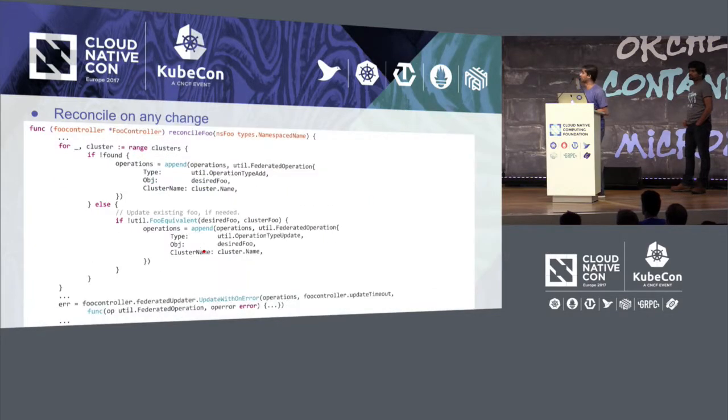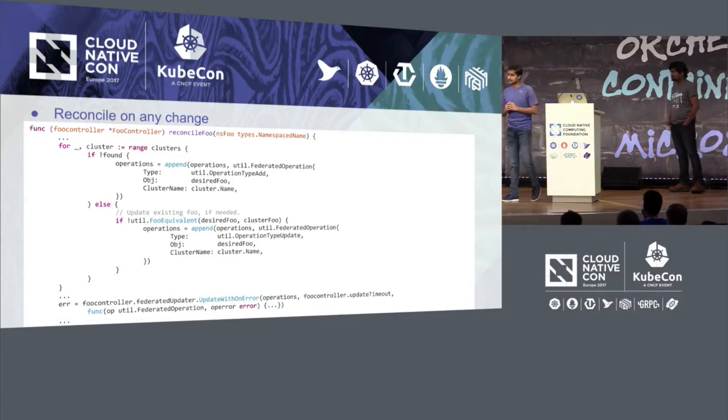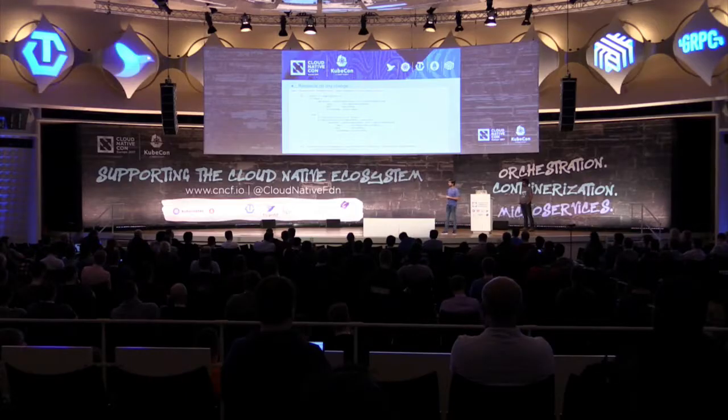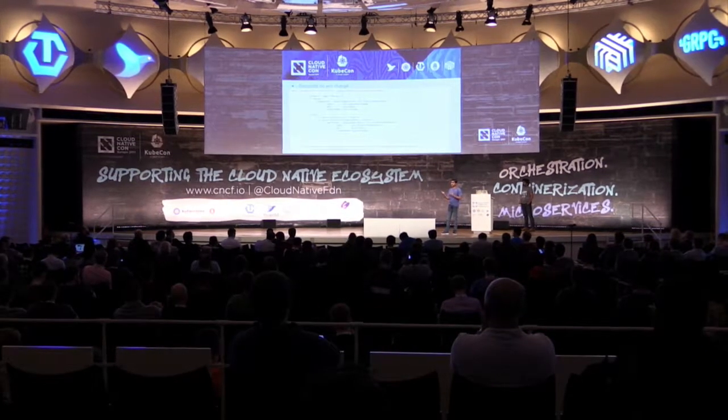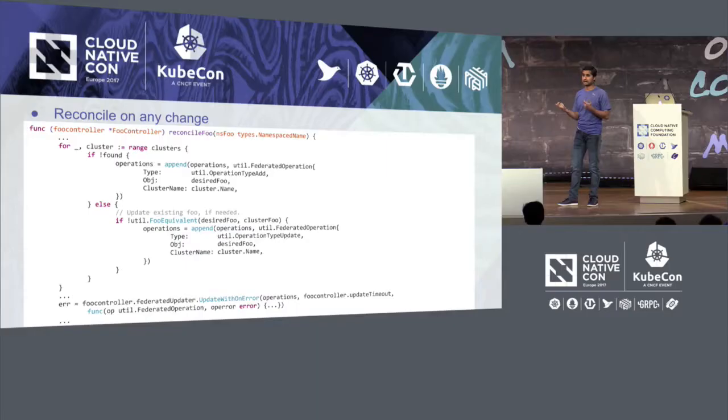And then the more interesting part, the real logic, is implemented in the reconcile foo function. All the federated controller logic is implemented in this function, in every single controller, but each controller has its own implementation. Every time the federation API object itself changes, you compare what changed, and if anything has changed, you propagate the same changes to the underlying clusters.